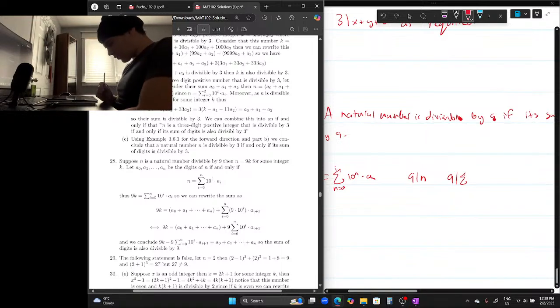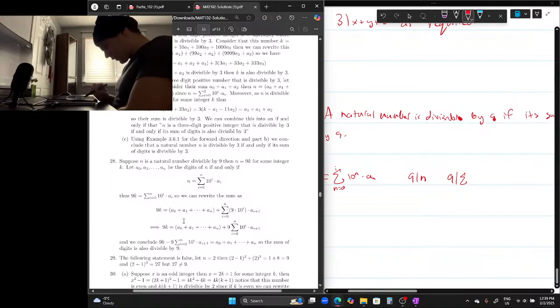Why is that there? Then n is equal to 9k for some integer k. If and only if n is equal to the sum of 10^i times a of i. Thus 9k is equal to, yeah.